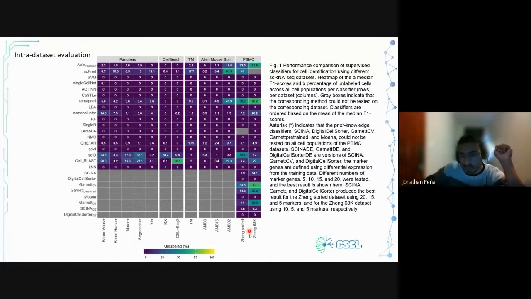For a deeper annotated dataset like the Zheng, which uses a greater number of cells, they got a greater number of cells that were not labeled.